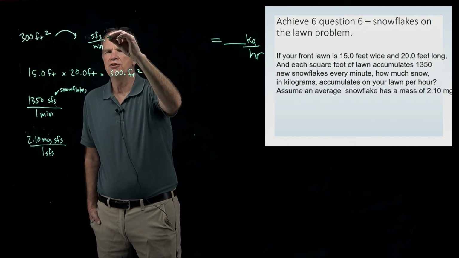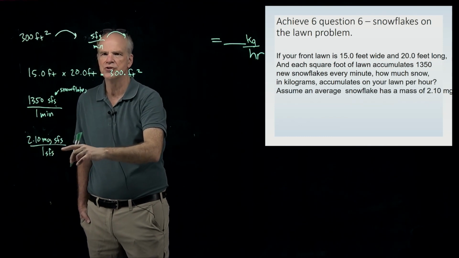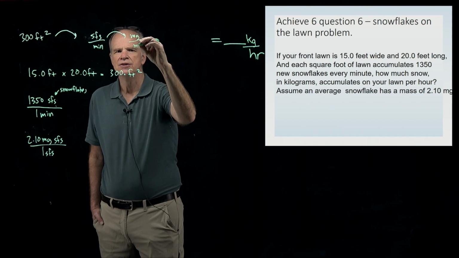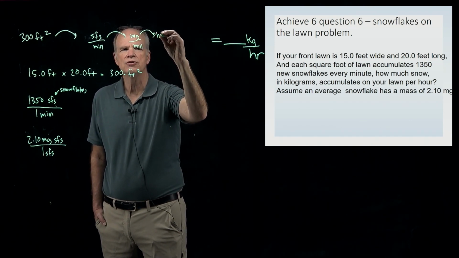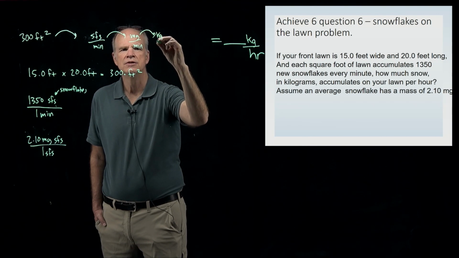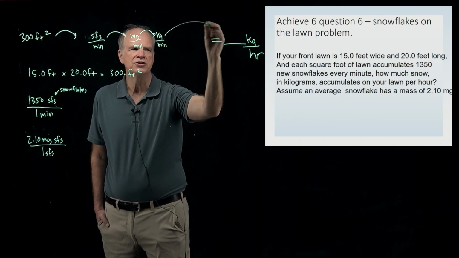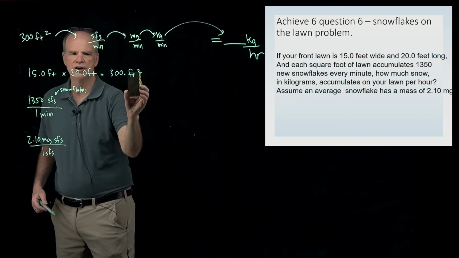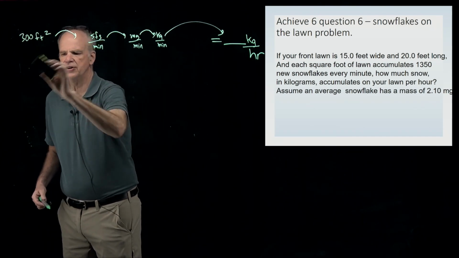Because if you're at snowflakes per minute, you know how many milligrams there are in a snowflake. So you can get milligrams per minute, and then you can convert milligrams eventually to kilograms per minute. And then what you can do is convert kilograms per minute to kilograms per hour. Okay, so that's the way we're going to go. Okay, so let's go ahead and try to solve this.